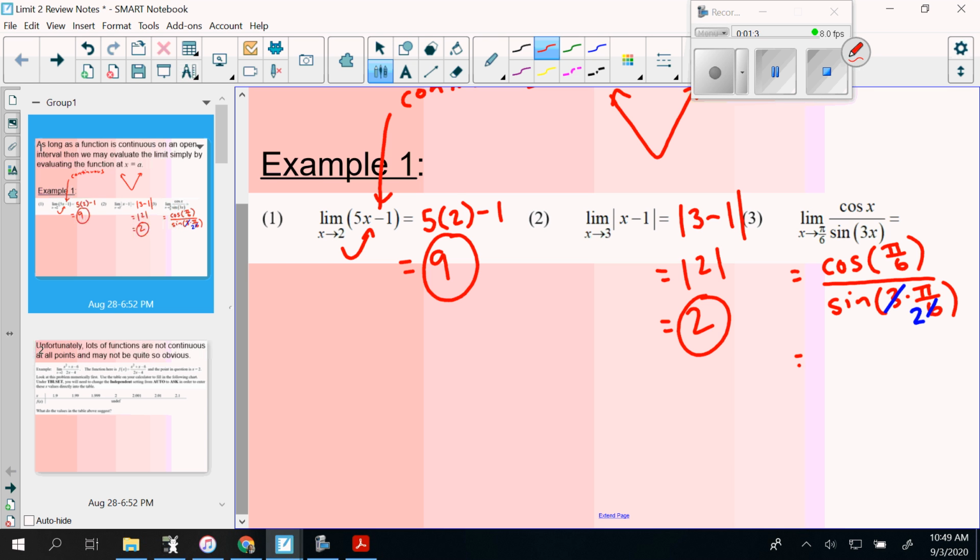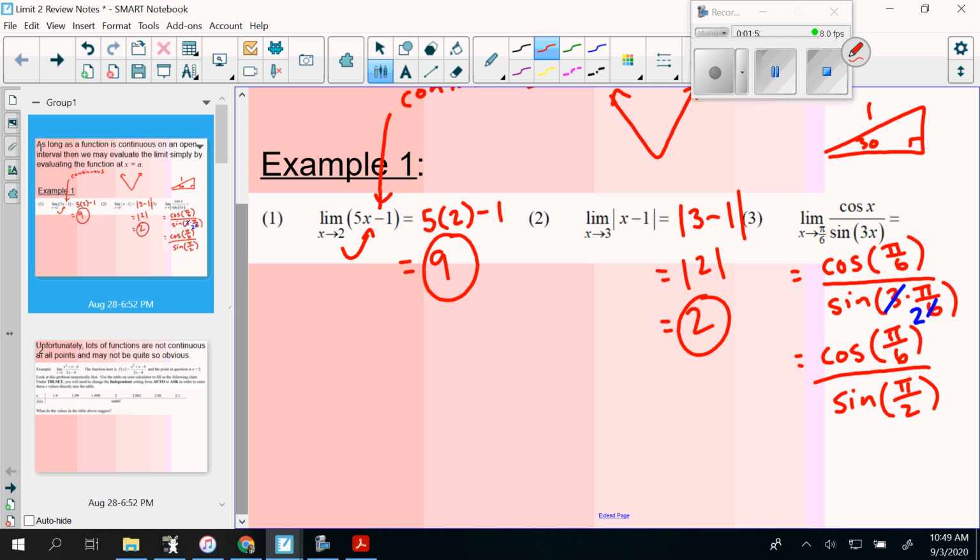So now what we're going to do is figure out what's cosine pi over 6 and what is sine pi over 2. Cosine pi over 6 is like 30 degrees. So if we're doing cosine of a 30-degree angle on the unit circle, that means our hypotenuse is 1 because it's the unit circle. This opposite side should be 1/2 because it's always half that amount.